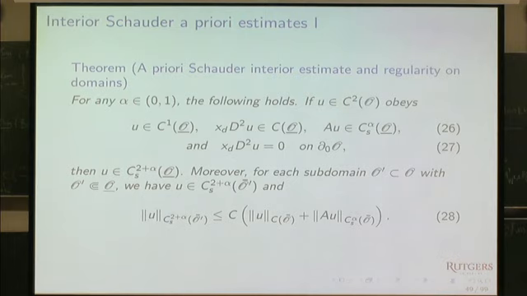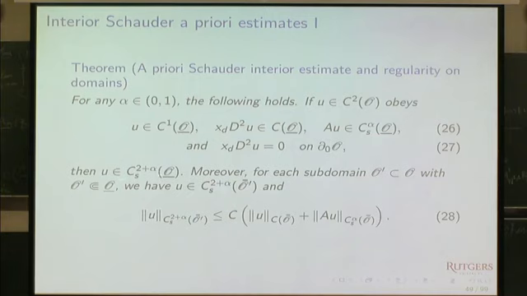But here it is. We're assuming that the solution is at least C1 up to where the PDE is degenerate. This combination of derivatives is continuous up to where the PDE is degenerate. The source has this regularity, and we're imposing this boundary condition. And then the conclusion is a regularity result, that the solution is actually a little bit smoother.